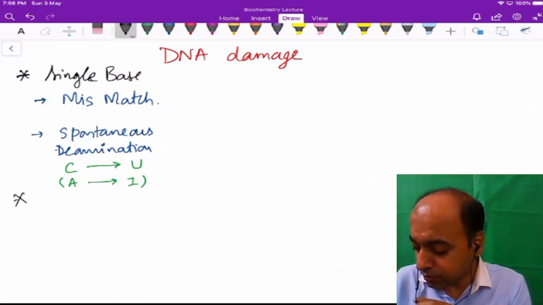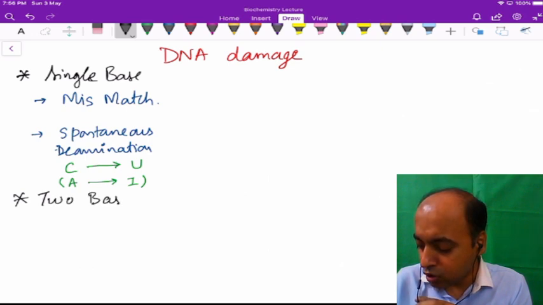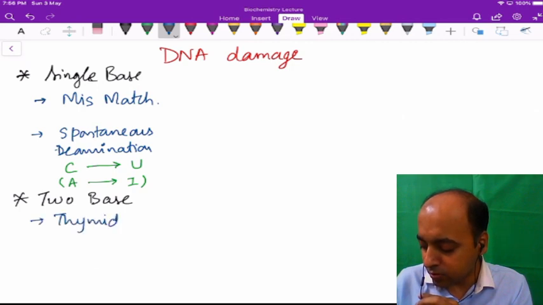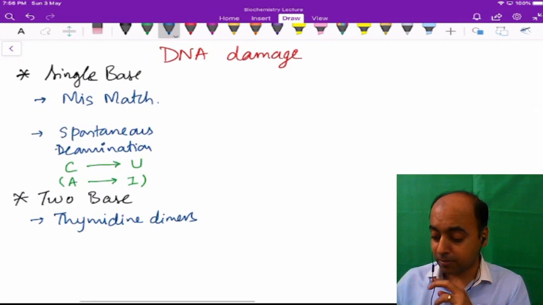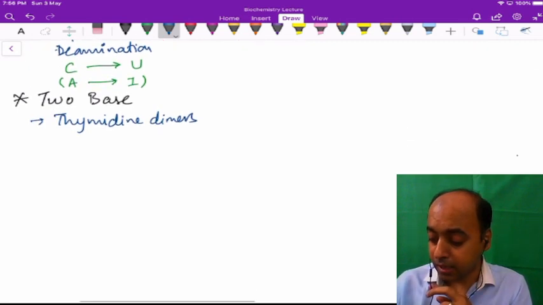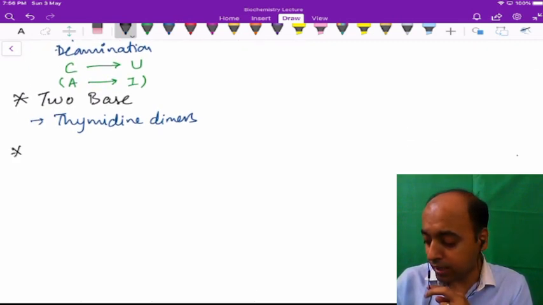Then under the heading of the two base damage, commonly what you get to see are the thymidine dimers. And lastly, you can have what are known as breaks in the DNA.